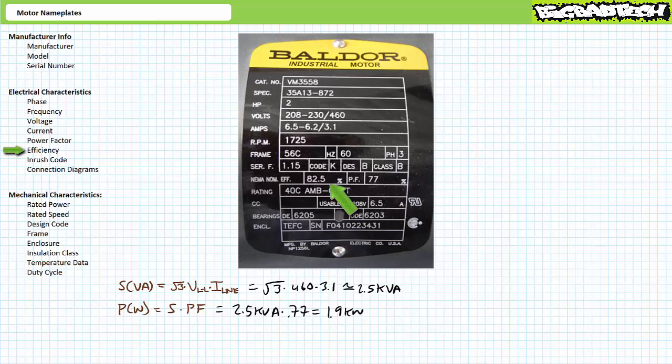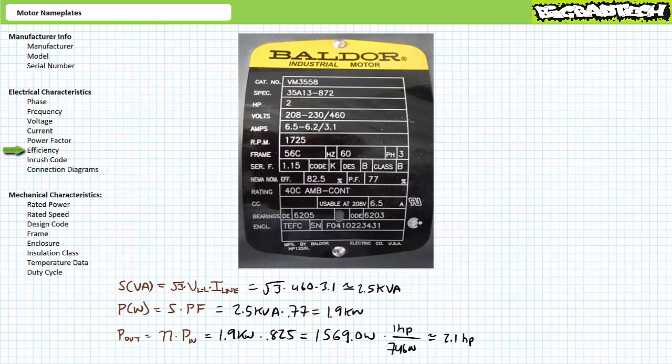This motor nameplate indicates this 2 horsepower motor operates at 82.5% efficiency. 82.5% of roughly 1.9 kilowatts demonstrates the motor yields 1,569 watts, or roughly 1.5 kilowatts of usable mechanical power output. A unit conversion demonstrates roughly 1.5 kilowatts is equivalent to roughly 2.1 horsepower, extremely close to the nominal or nameplate value of 2 horsepower as one might expect. It's a 2 horsepower motor.